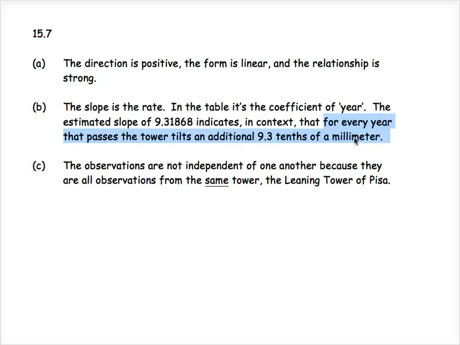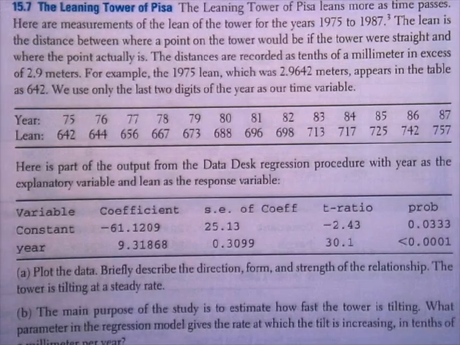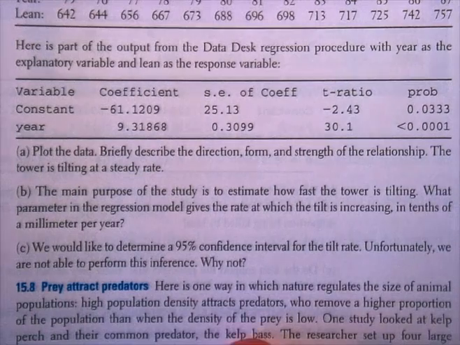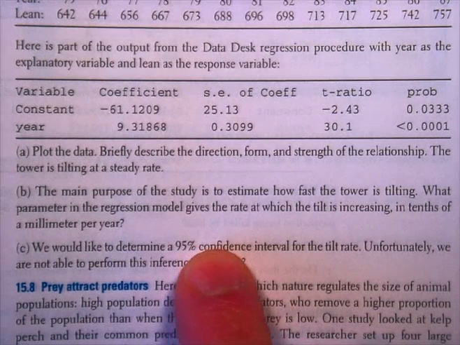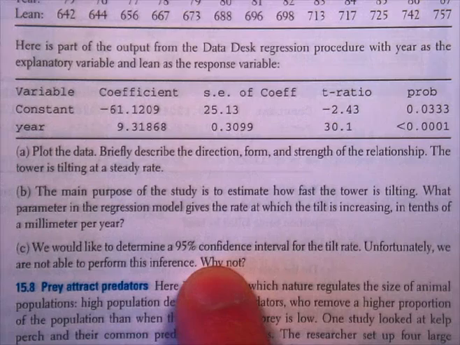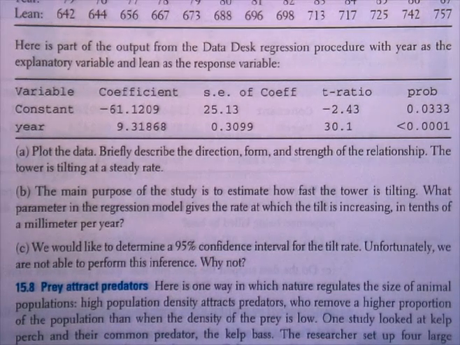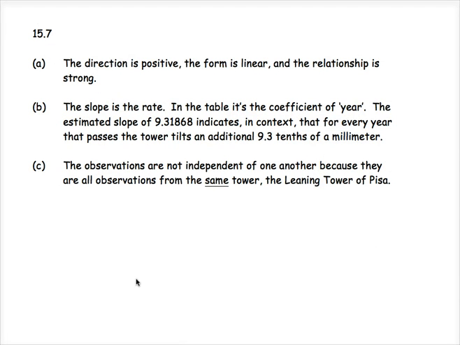So lastly then, in part C of the question, you were asked, we would like to determine a 95% confidence interval for the tilt rate, for the slope, but unfortunately we're not able to perform this inference. Why not? The reason why we can't is an important condition of inference is not met. This is how I wrote about it pretty simply. It involves independence.